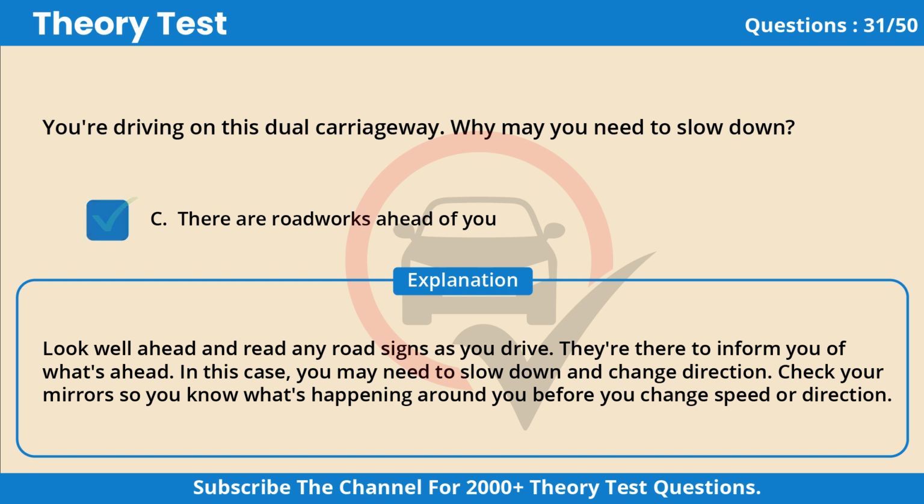Look well ahead and read any road signs as you drive. They're there to inform you of what's ahead. In this case, you may need to slow down and change direction. Check your mirrors so you know what's happening around you before you change speed or direction.